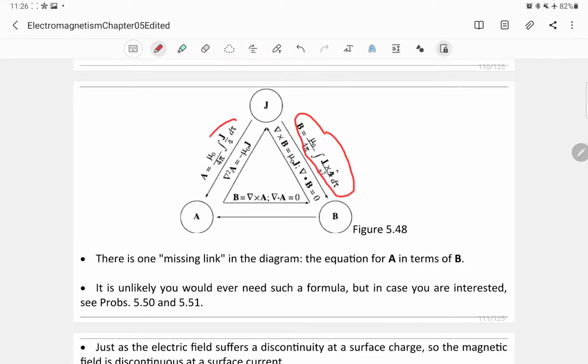Given the current J, this is also your vector potential, and these are the differential equivalents to the formula. And then you have the relationship between A and B. B is just the curl of A, and of course the divergence of A is equal to 0. So there's one missing link in the diagram, the equation for A in terms of B.